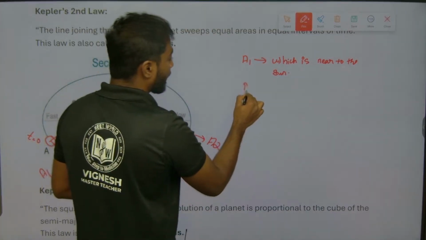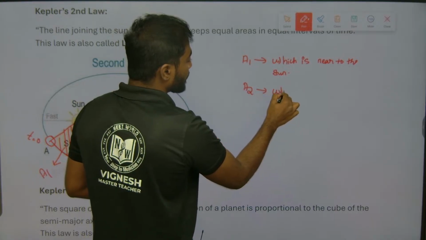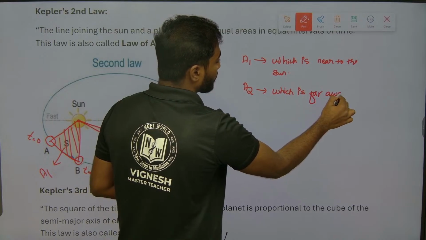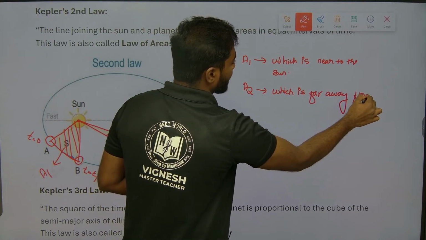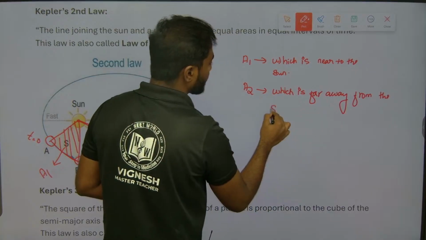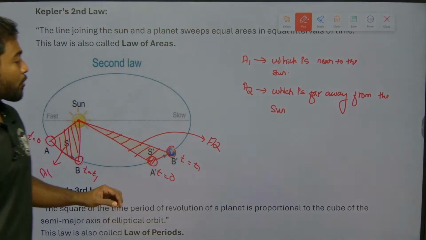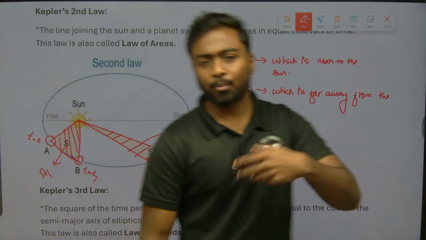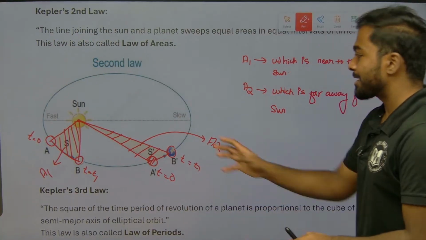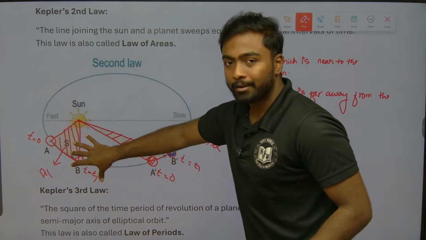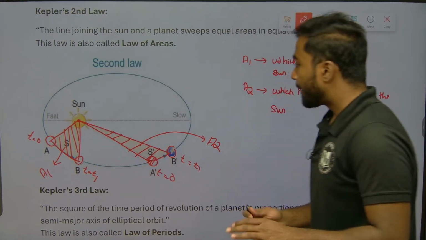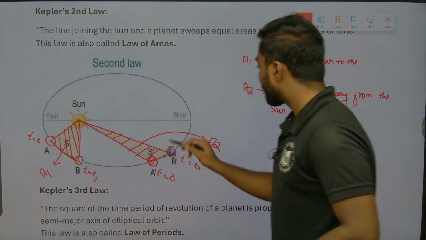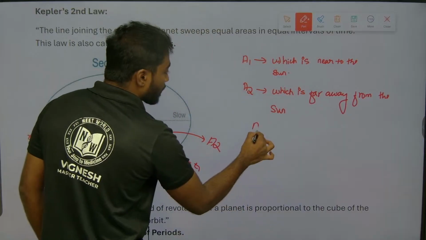Area 2 is far away from the sun. So when I talk about area 1 and area 2, one is near and one is far, they are not at the same points, they are at different points, but the thing is, area 1 and area 2 are equal.